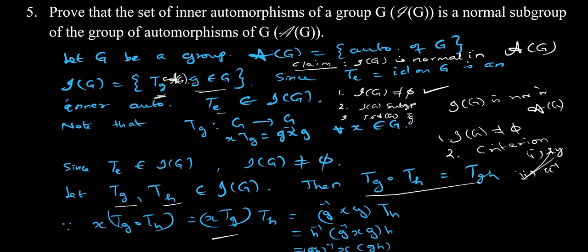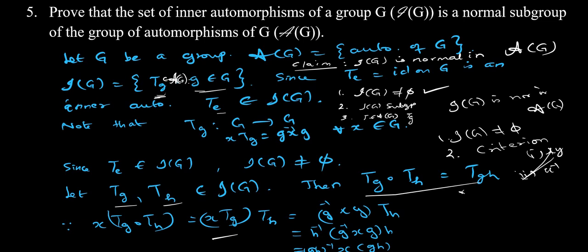We have first said that it is non-empty. We know how Tg is defined. It takes an element x in G to g inverse x g for every x in G. So as said earlier, this Te being a member of script I of G, it is non-empty. Now to show that closure and inverse exist, we first prove this result.